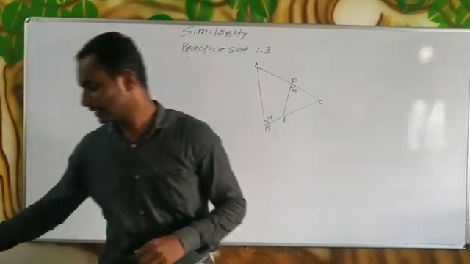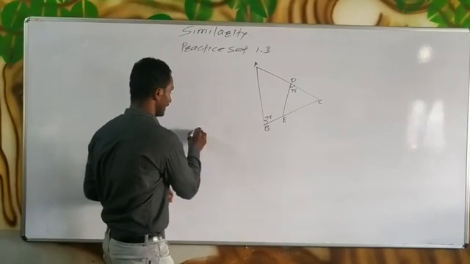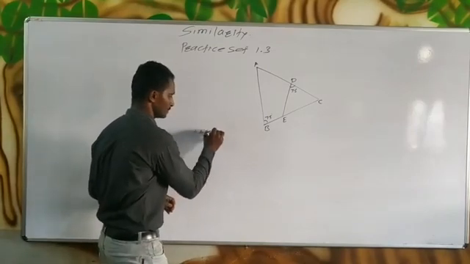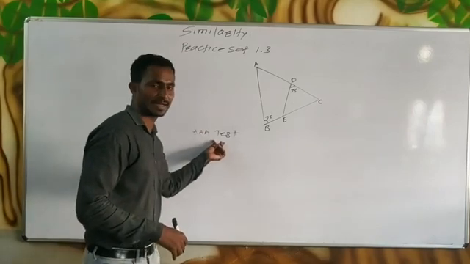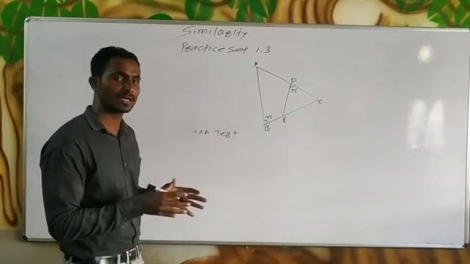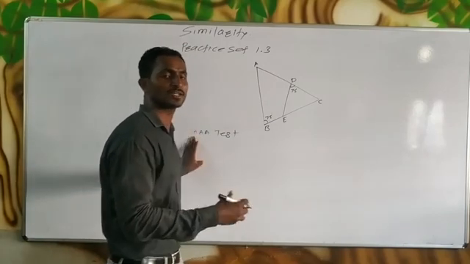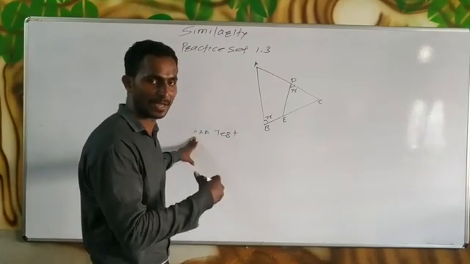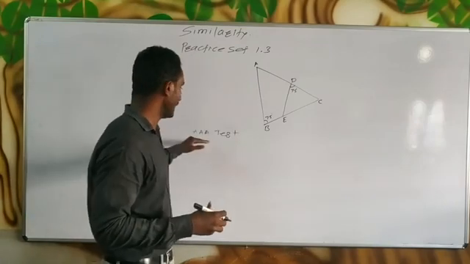Out of these three tests, the first test is the AAA test, that is, the angle test. It means for a given correspondence, if all three angles of one triangle are equal in measure to the corresponding three angles of the other triangle, then both triangles are similar by the AAA test.